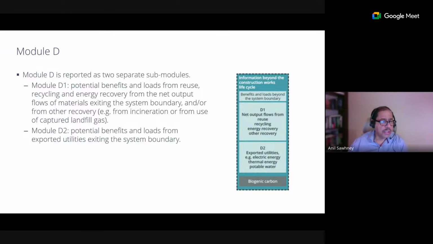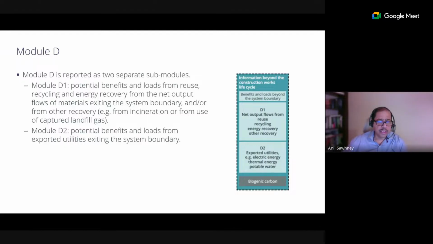Then comes Module D. Module D is reported again under two separate submodules, D1 and D2. D1 is all potential benefits and loads, so maybe these are negative or positive, from reuse, recycling, and energy recovery from the net output flow of materials existing in the system boundary or from other recoveries.